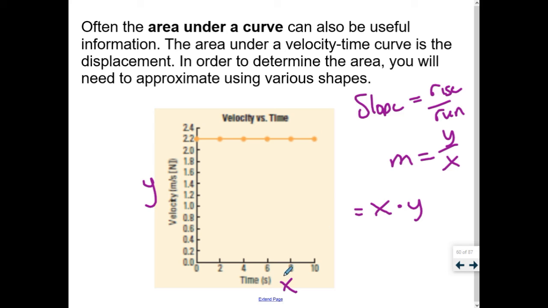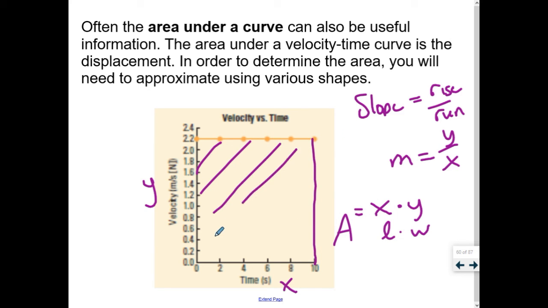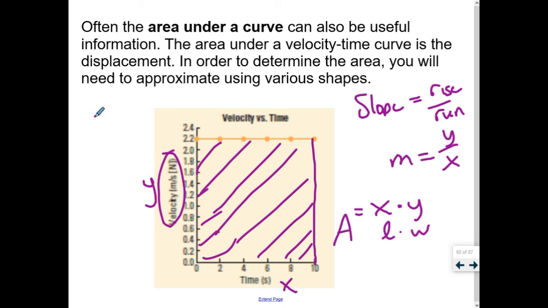Well, x and y being multiplied by each other is kind of like taking a length. So there are some scenarios where if you made a box out of this, and you found the area of this as a box, what you're really doing is you're taking velocity and you're multiplying it by time.